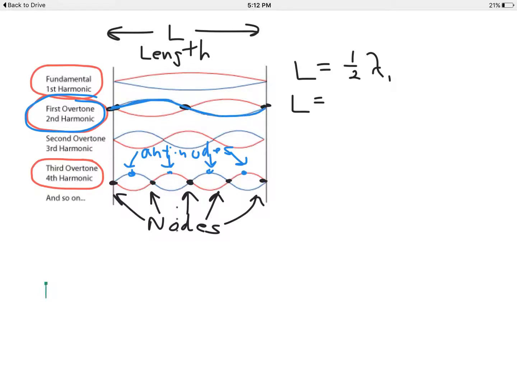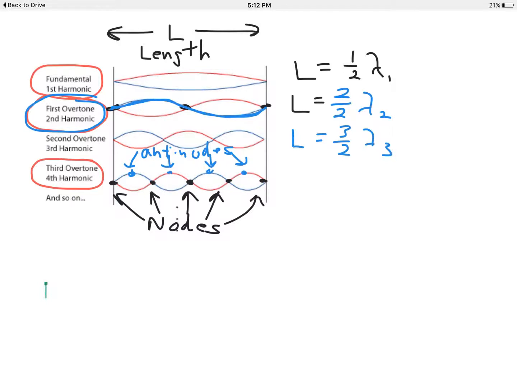It goes up and then down and then up. Well, it would repeat itself. It would go up and then down again, but that's one cycle. That's one wavelength. And mathematically here, that would be like 2/2 for lambda 2. And you'll see a pattern here, I hope. L equals, for the third harmonic, second overtone, 3/2 of a wave, or waves. There are 3 segments there.